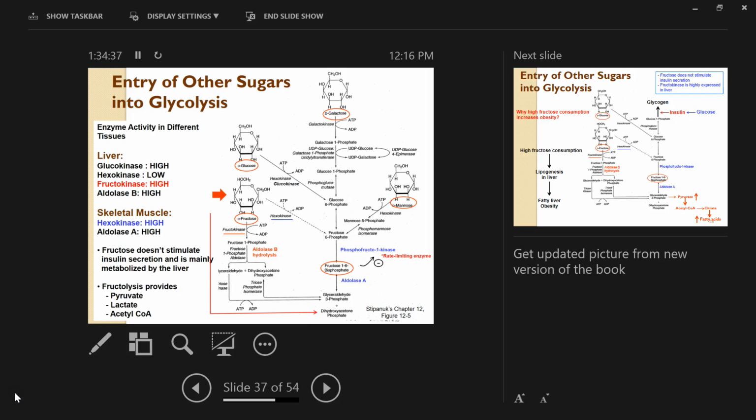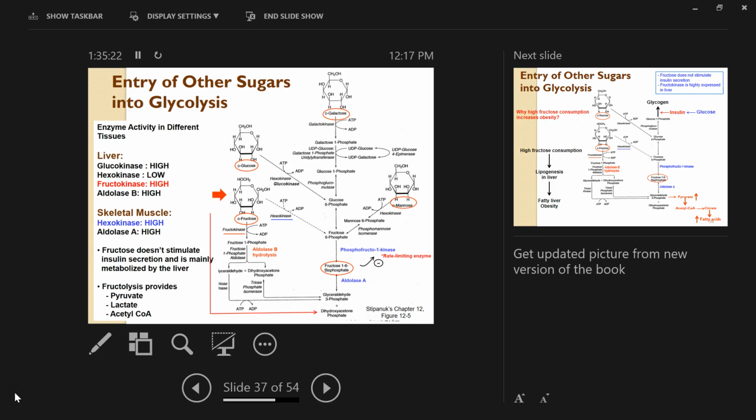So that's why, when we consume a lot of fructose, some studies show that high consumption of fructose can cause fatty liver disease and obesity, because fructose produces a lot of glycerol 3-phosphate backbone for triglyceride synthesis. It can promote a lot of triglyceride synthesis. So this is the bad side of fructose.